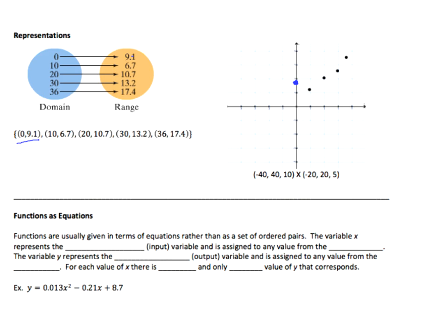So these are all representing a function because I have not sent any one input value to 2 or more output values. For a relation to be a function, you can have one and only one output for any input. So notice in this blue to yellow, I sent 0 to 9.1. I sent 10 to 6.7, 20 to 10.7, and so on and so on.